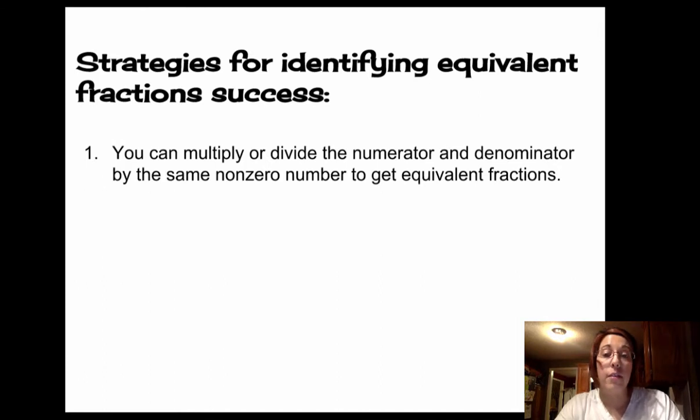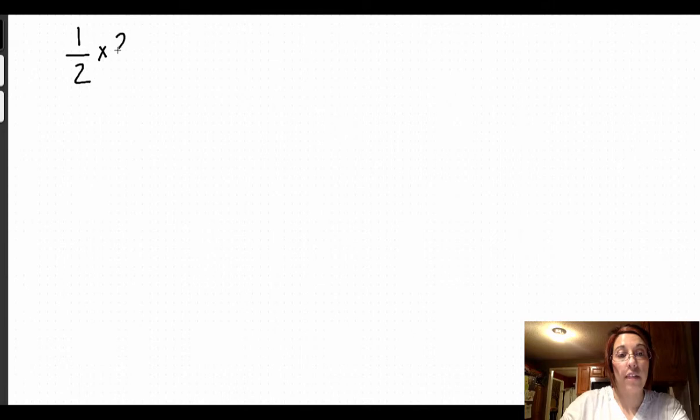So let's look at some practice with this skill. Let's start with our good old 1/2. 1/2 is easy to work with. So to find an equivalent fraction to 1/2, we're going to multiply it by the same non-zero number.